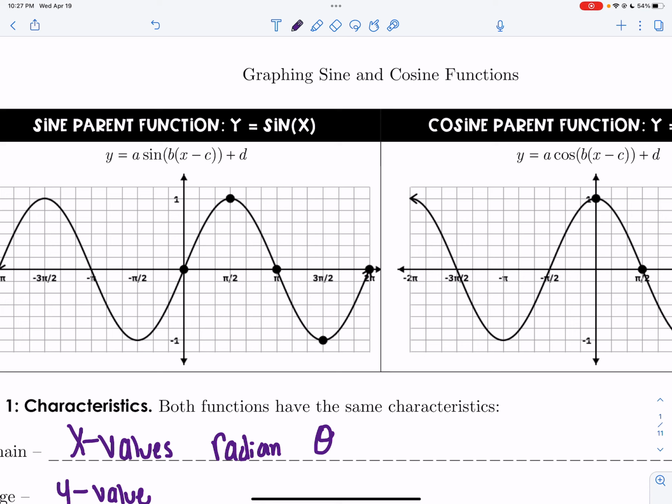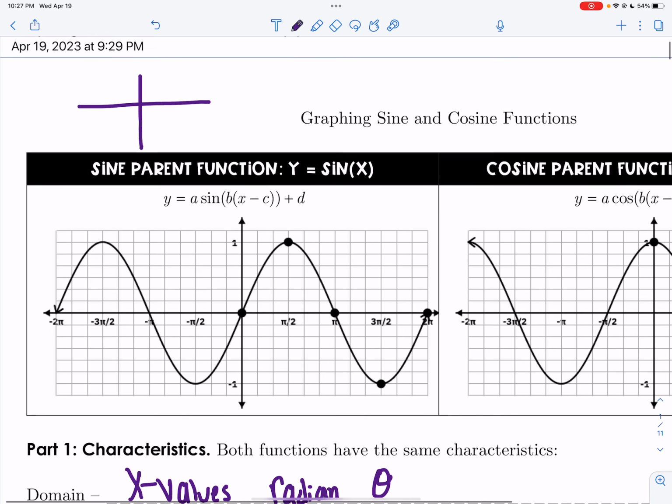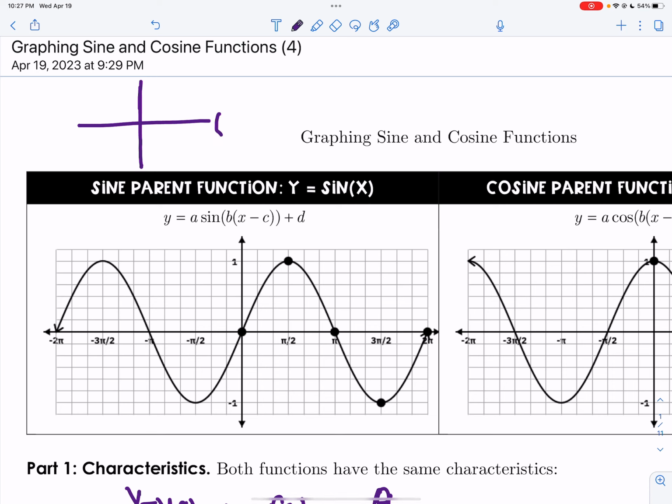Now, looking at my sine graph, I have your basic 1, 0, and negative 1, which relates back to the unit circle of 1, 0, 0, 1, negative 1, 0, and then 0, negative 1. Since this is a sine function, which is my y values, I'm going to look at my y coordinates right here.